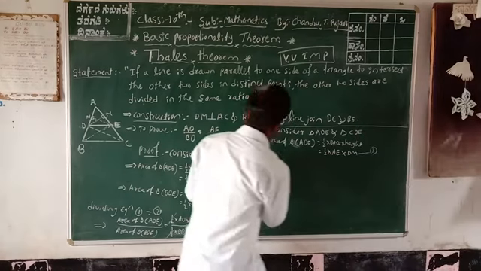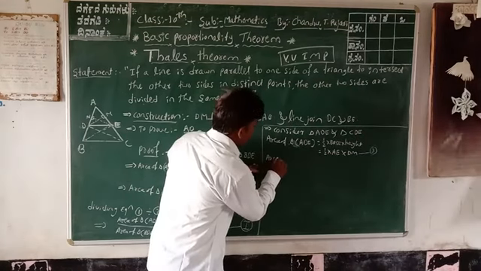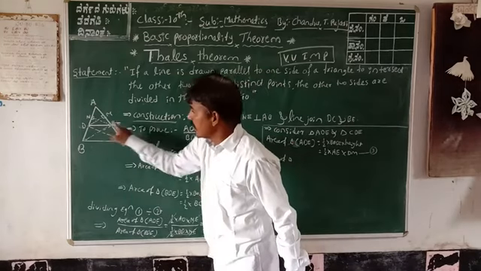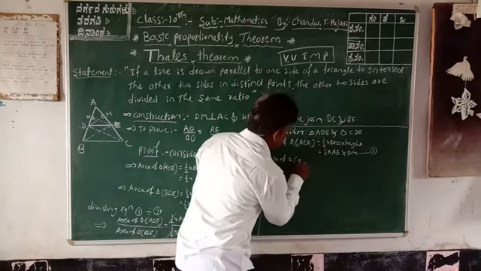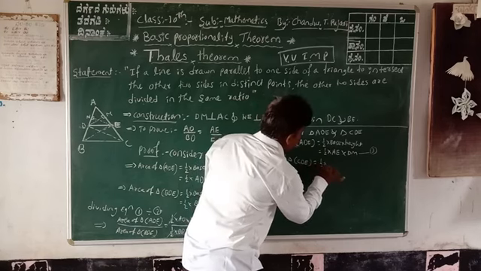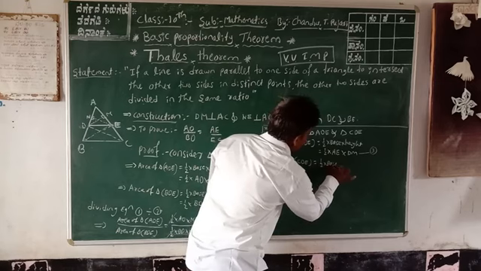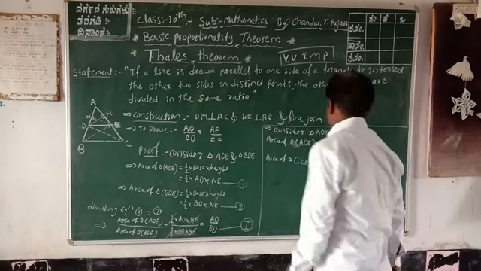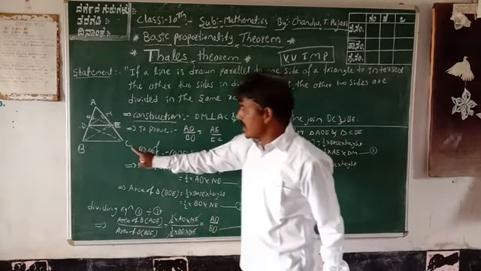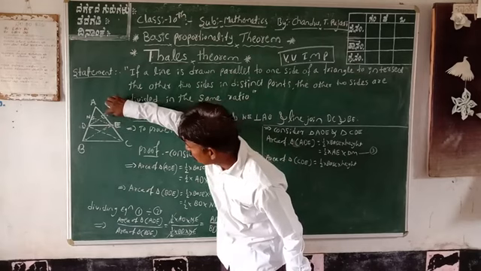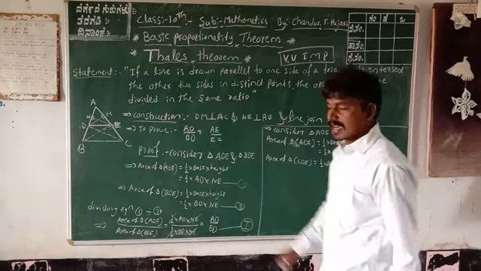Again, area of triangle CDE is equal to 1 by 2 into base into height. In triangle CDE, the base is CE and the height is DM, the perpendicular height.